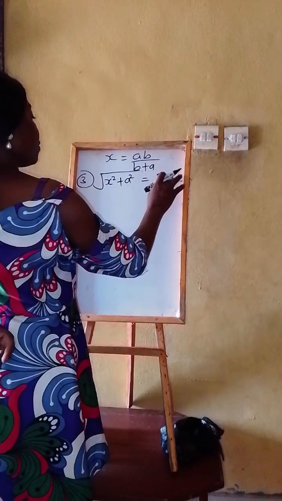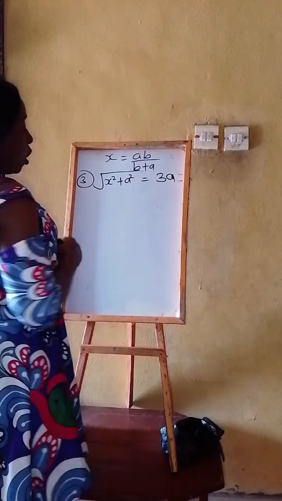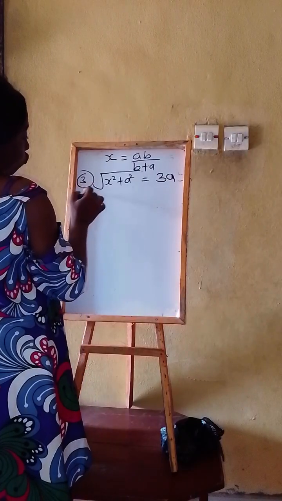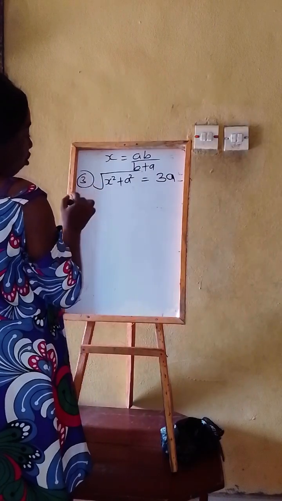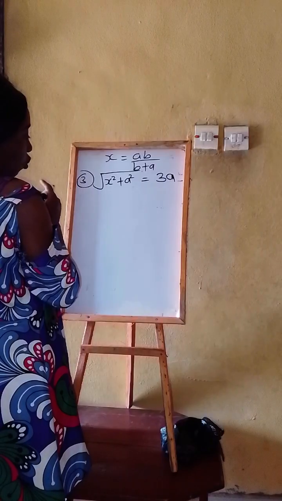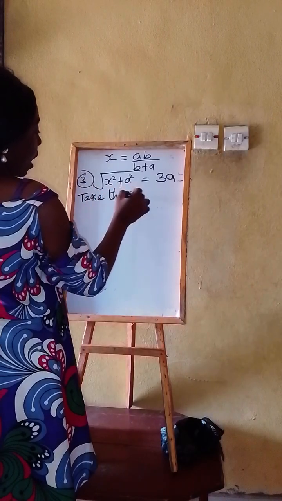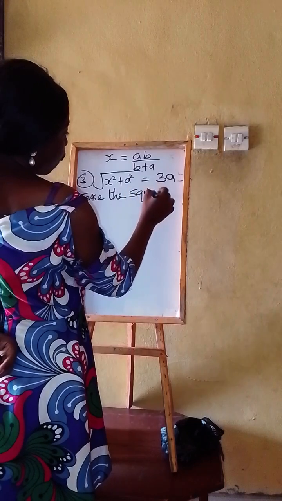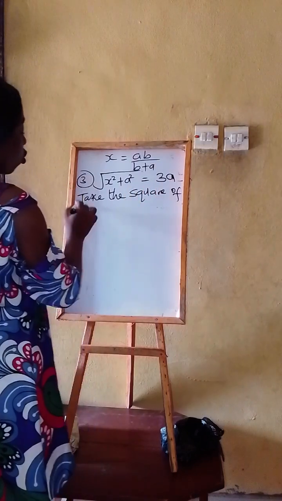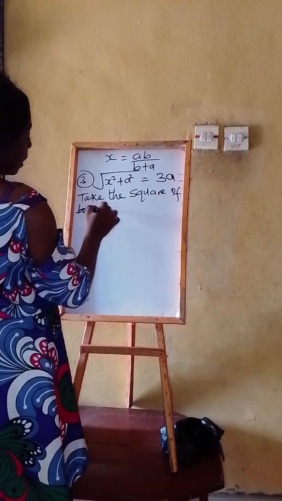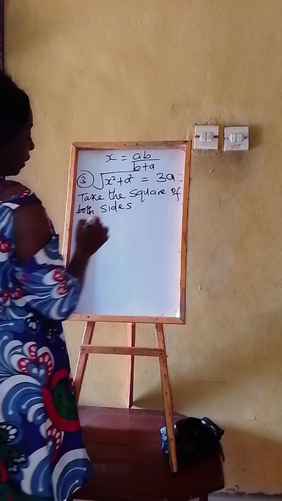What we are going to do is very simple. You take the square of both sides.